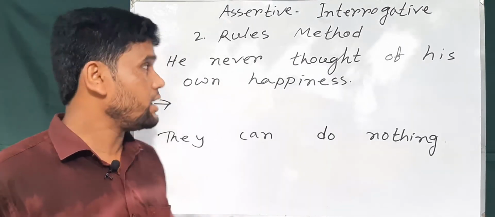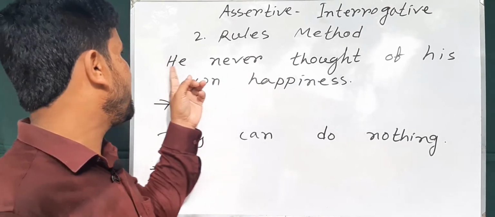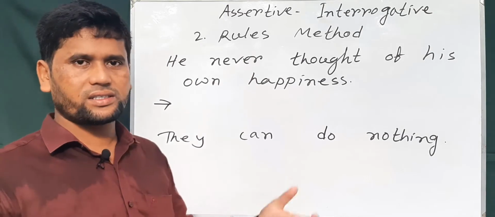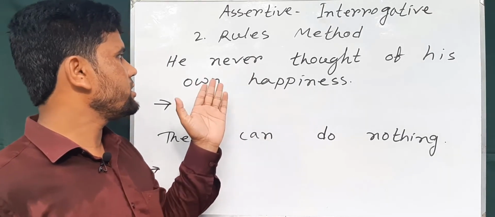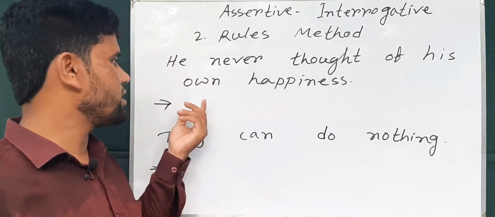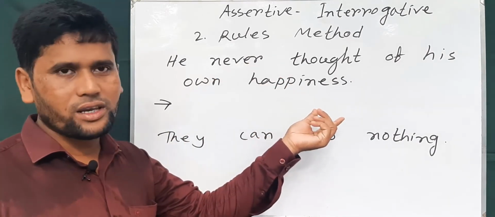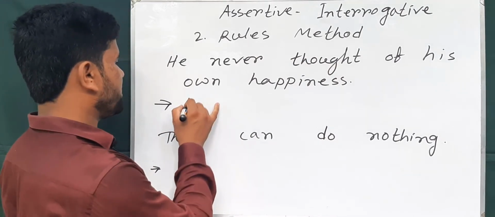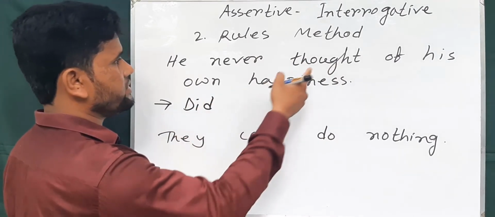Dear student, here you see, I find here never. So when we change any assertive to interrogative, first we need to write an auxiliary verb, but here there is no auxiliary verb, the verb is in past form, so I write did as it is past form.